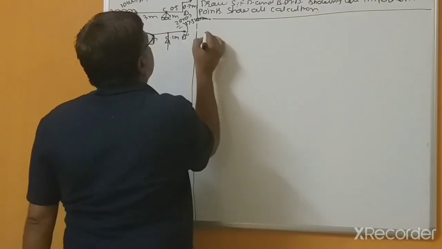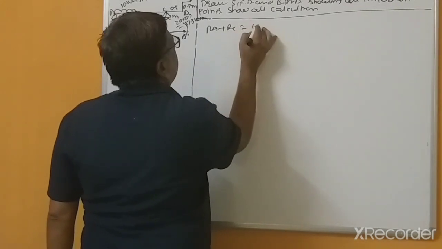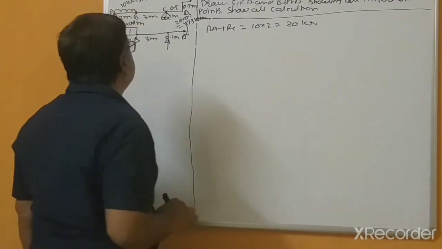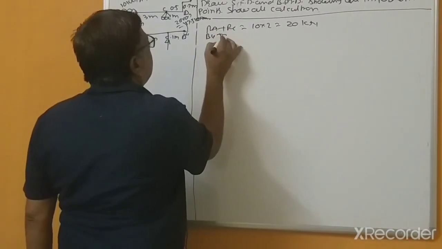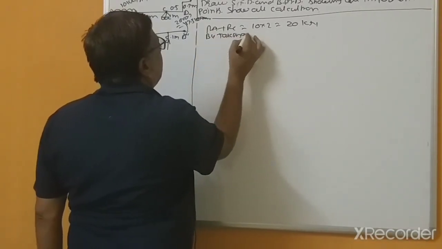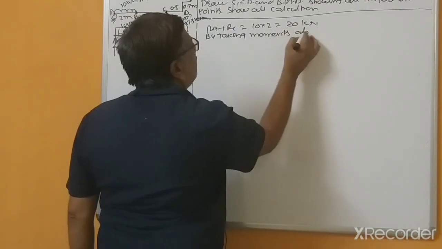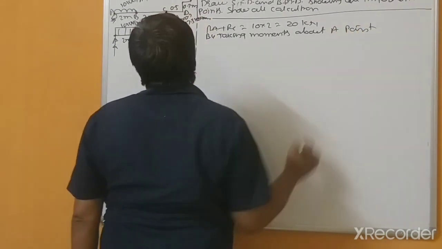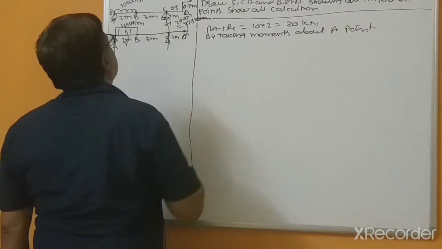So RA plus RC equals 10 into 2 equals 20 kilonewtons only, because a moment has no vertical force. So by taking moments about point A, this is anticlockwise and this is clockwise.